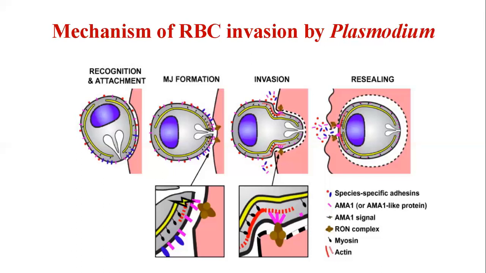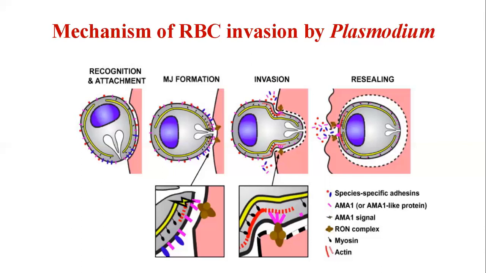During invasion, the actomyosin motor, this myosin you can see, is present there. In this enlarged picture you can see the myosins present there, these black dots. This actomyosin motor utilizes the moving junction, the attachment at the apical site, as a traction point to drive penetration.